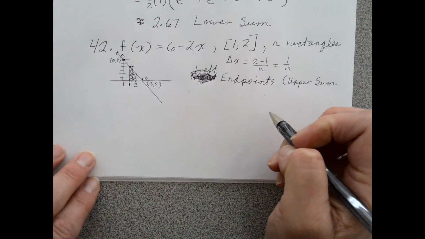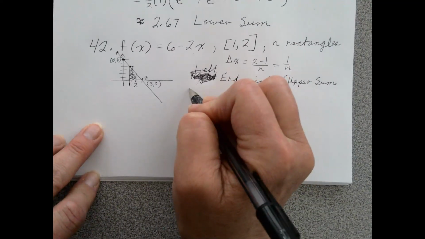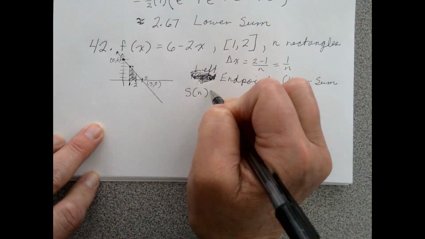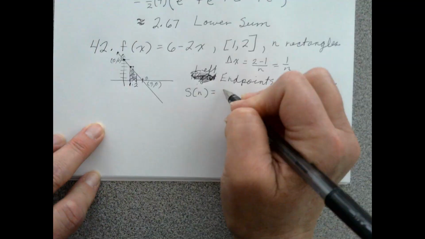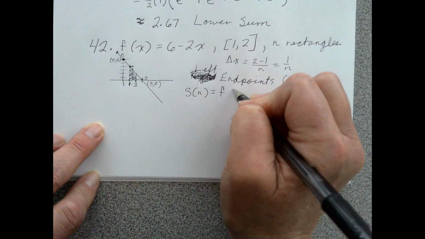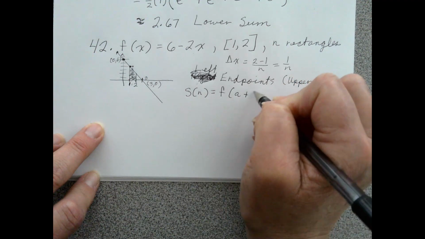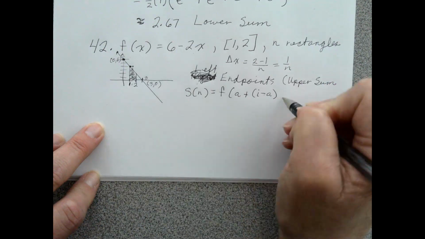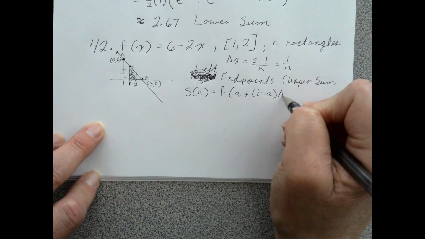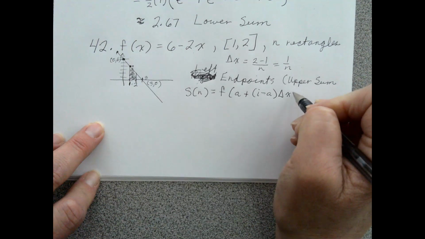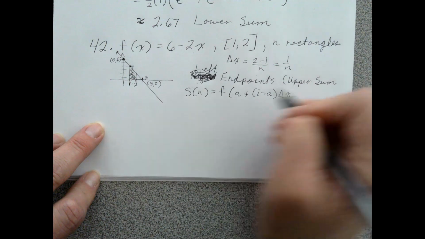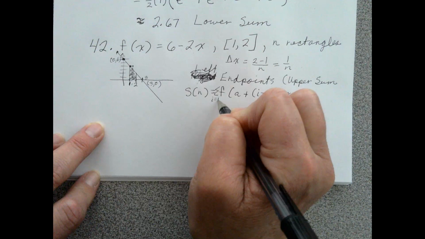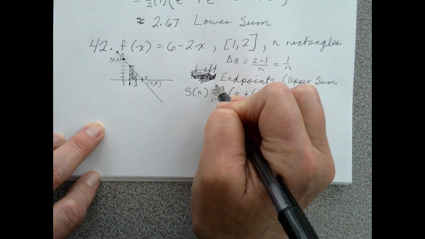Okay, so let's use the formula then. The S of n, the formula that we found earlier, is the summation of f of a plus i minus 1 times delta x, with i equals 1 to n.